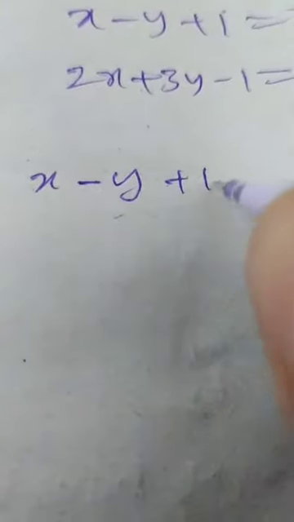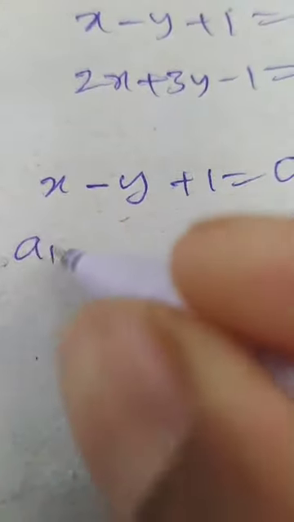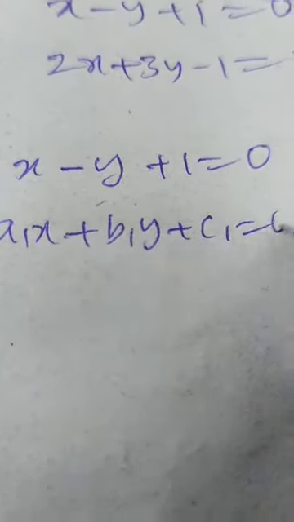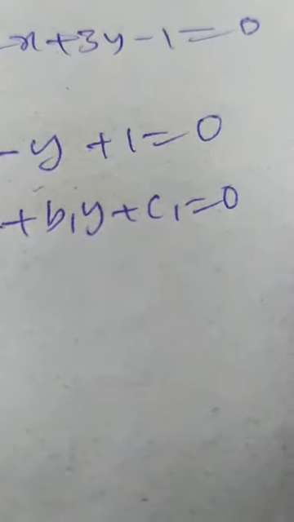So I am comparing the first equation with a1x plus b1y plus c1 is equal to 0. The second equation, 2x plus 3y minus 1 is equal to 0, I am comparing with a2x plus b2y plus c2 equal to 0.